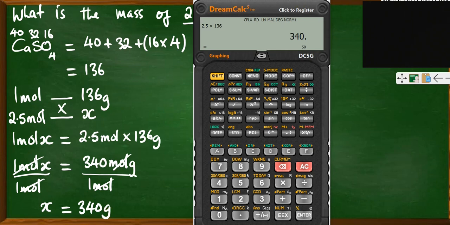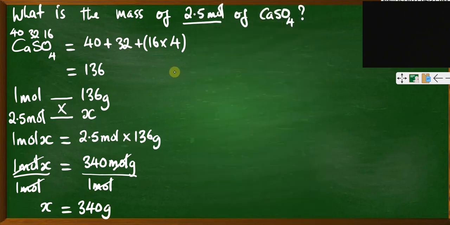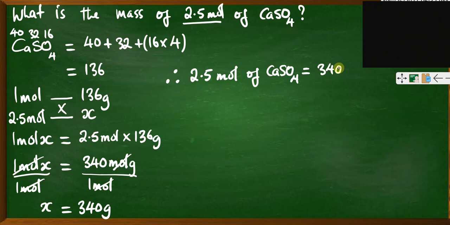Then I'll say, therefore, 2.5 moles of calcium sulfate is equal to 340 grams, like that. So this is the concept here. Let me try this one here.